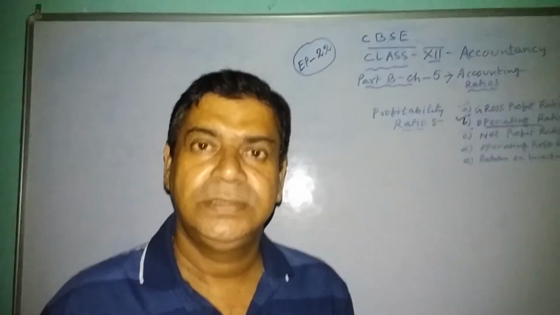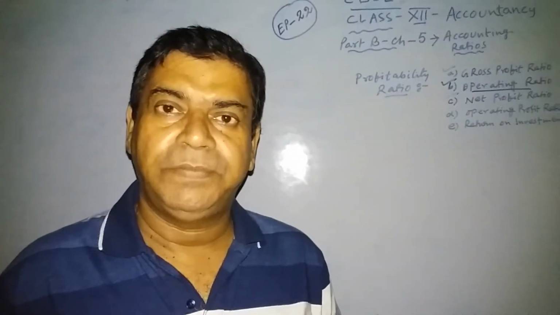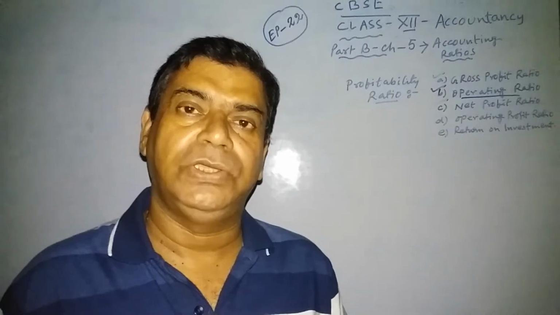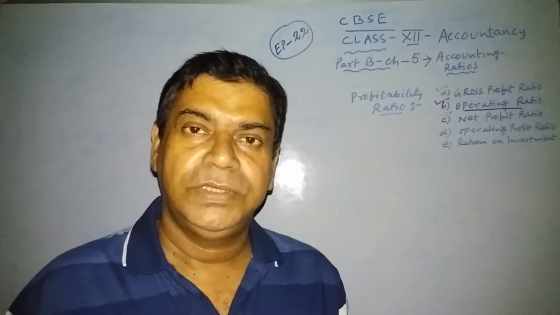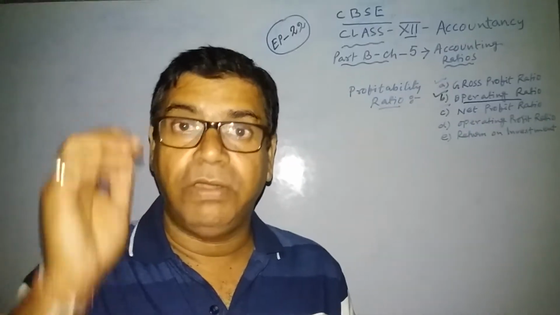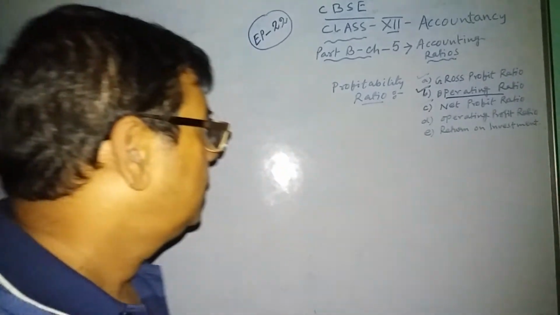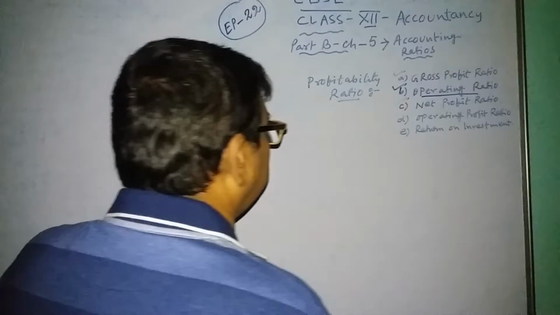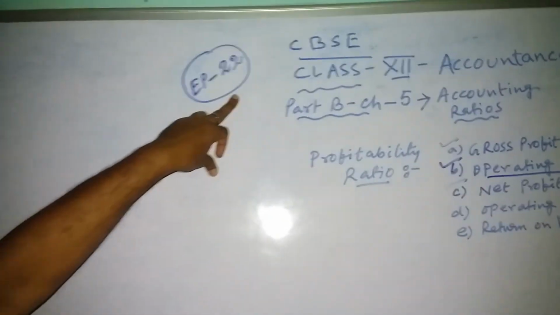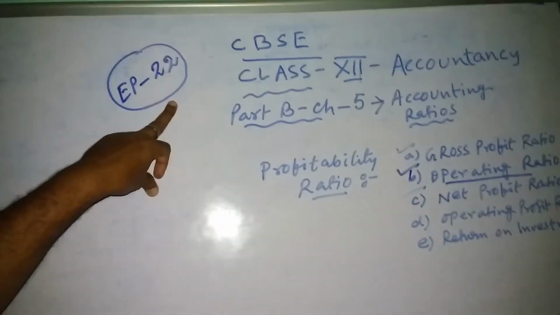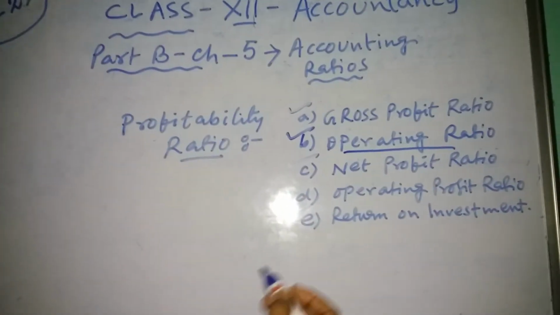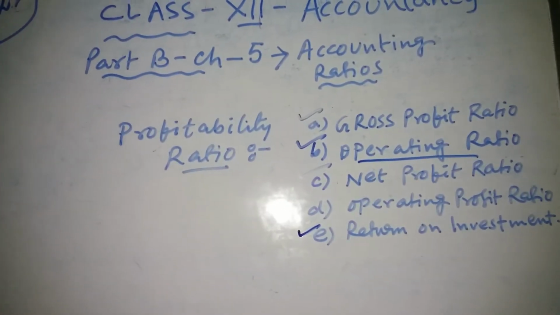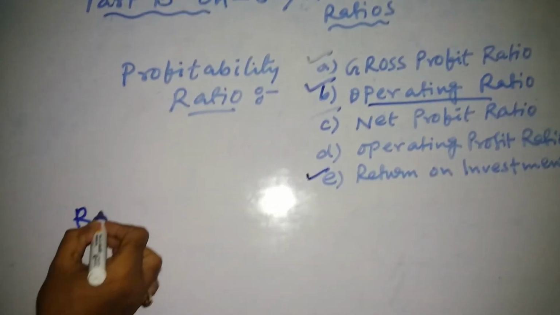Profitability ratio I was starting, and the fifth type of ratio under the profitability ratio will be discussed right now, that is return on investment. This is my 22nd episode for the chapter accounting ratio. Now I will discuss return on investment.